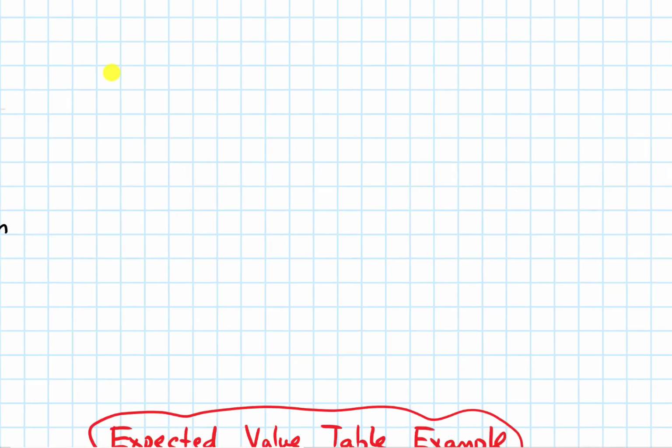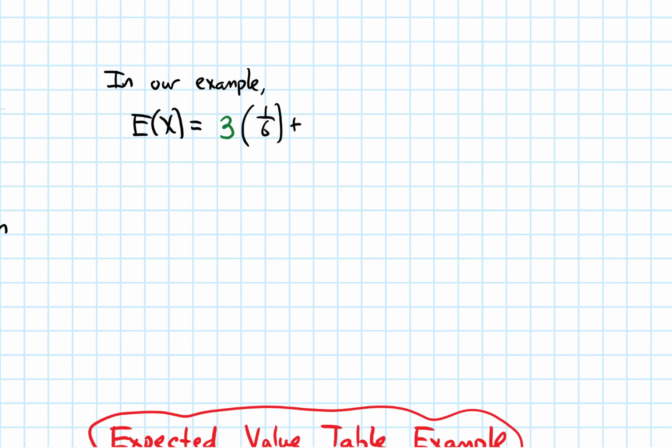So in our example, let's just write down the expected value using our formula. So E of X for expected value. We've done it essentially already. One of the values was 3, if we had a gain of $3, times its probability, which was 1/6, plus the next outcome, which was -1 if we lost $1, times its probability, which was 3/6, and then plus the next outcome, which was -2 if we lost $2, times its probability, which was 2/6.